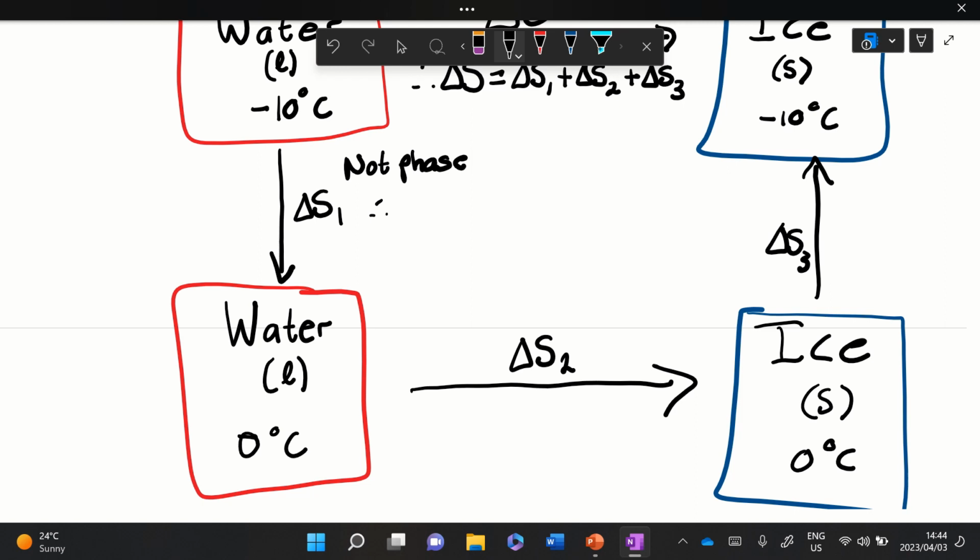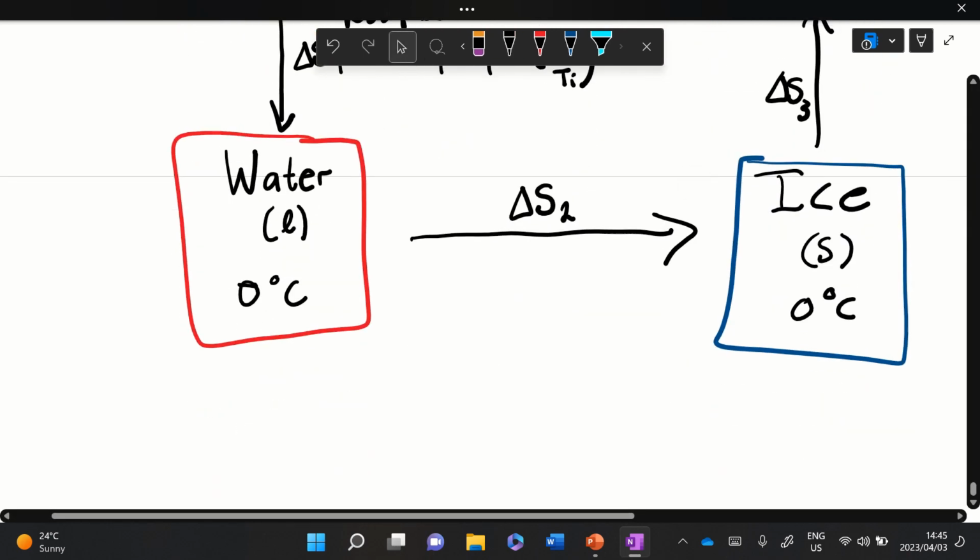That says delta S is equal to Cp ln Tf over Ti. This will be done at constant pressure, because it will be done at atmospheric pressure, for example. So we can calculate delta S1 from that.